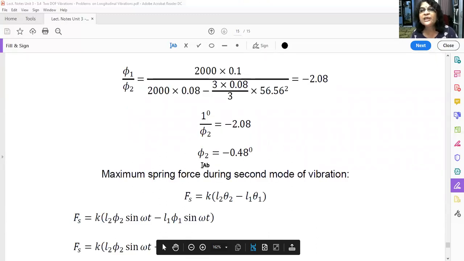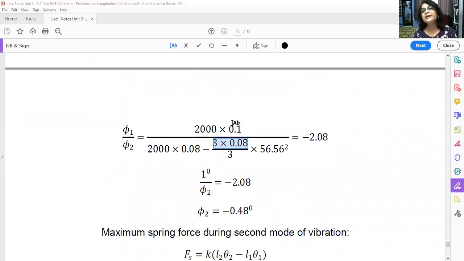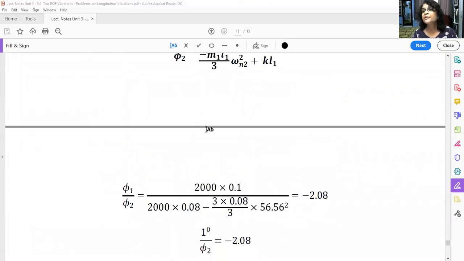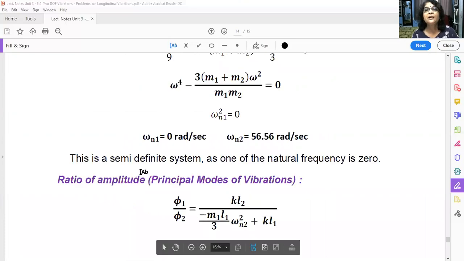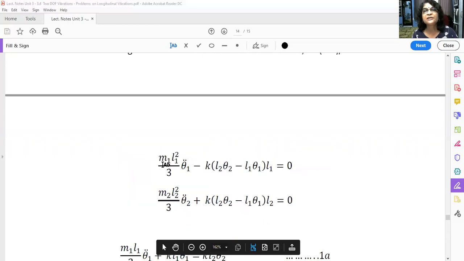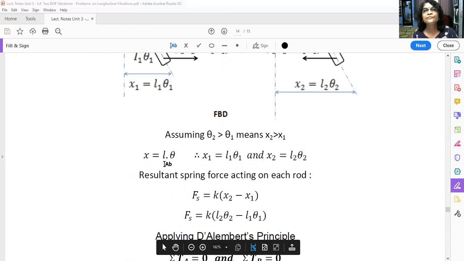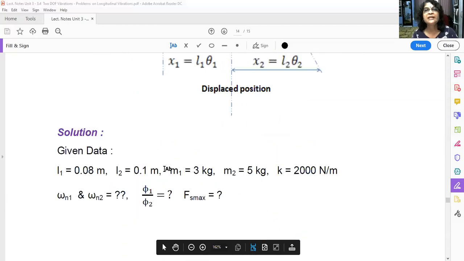Actually, mode shapes are not asked here. So what is asked in the problem? See here, what is the statement?